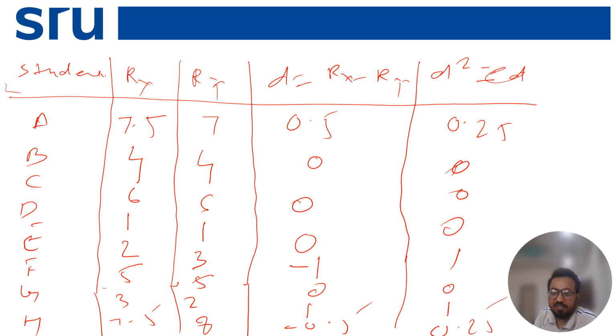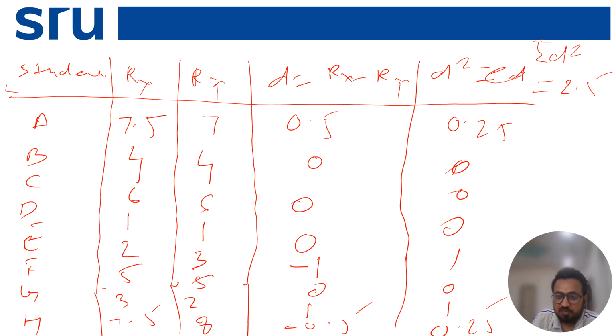So here we have found all the values. So summation of D square, if you find the summation of D square, is equal to 2.5. Now just apply the formula, and we will get the value.